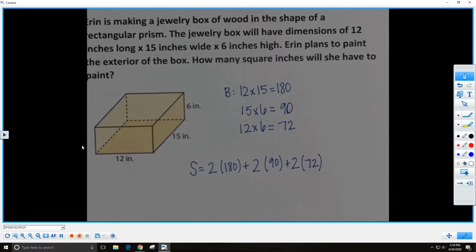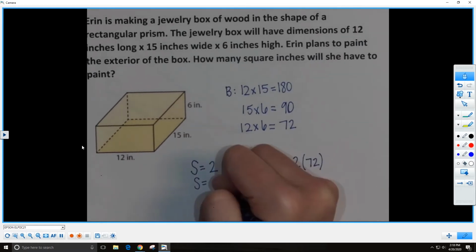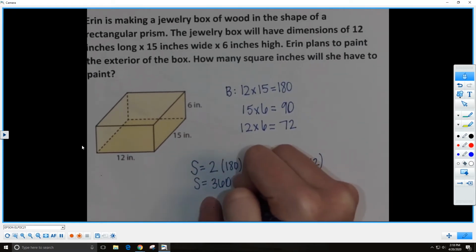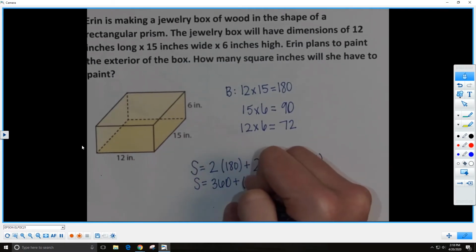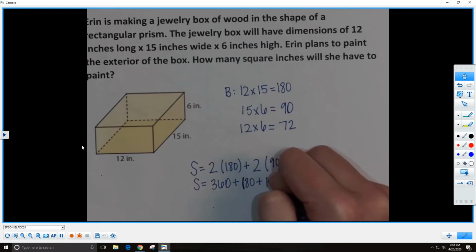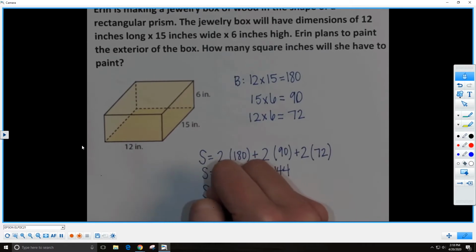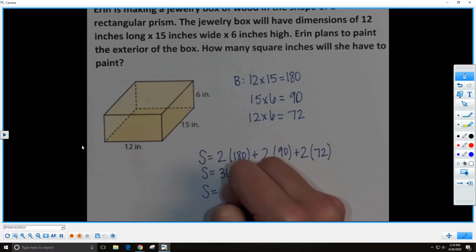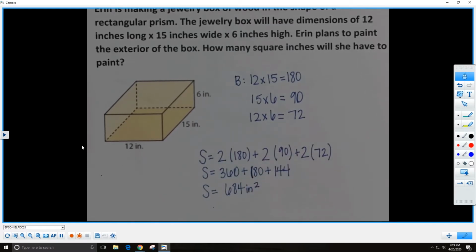Now we continue multiplying to simplify this. 2 times 180 is 360, plus 2 times 90, which is 180, plus 2 times 72, which is 144. Adding all three of those numbers together, we get 684 square inches. So what does that mean?